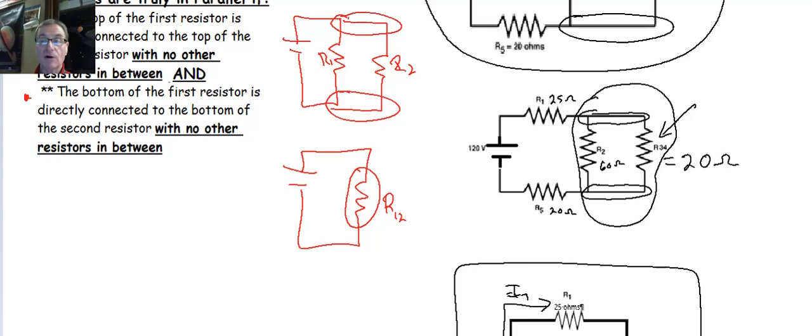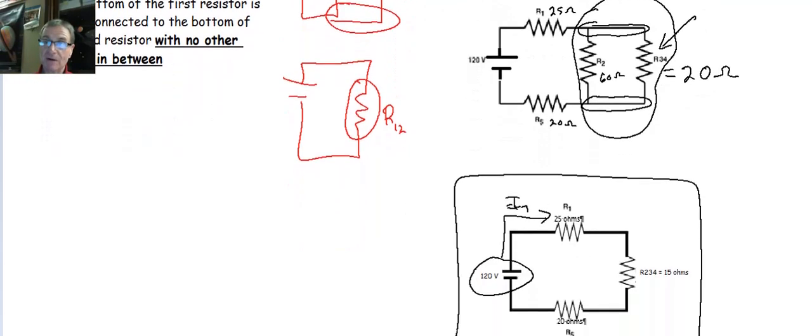I can combine R2 and R34 to create a new resistor, which I'm going to call down the bottom here R234. When I combine the 60 ohm resistor and the 20 ohm resistor, these are in parallel. I can't just add these up. I'm going to have to use the reciprocal formula.